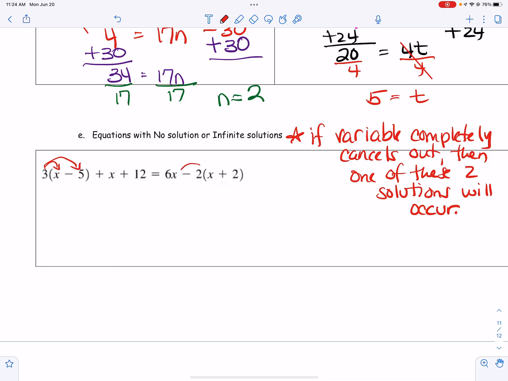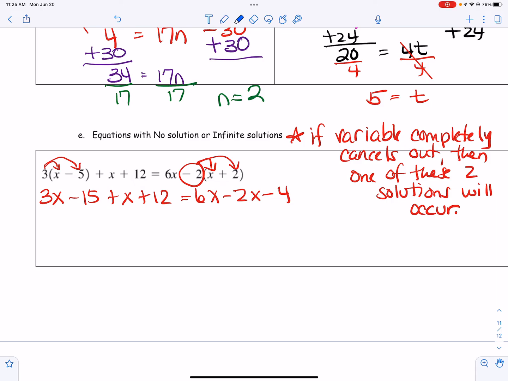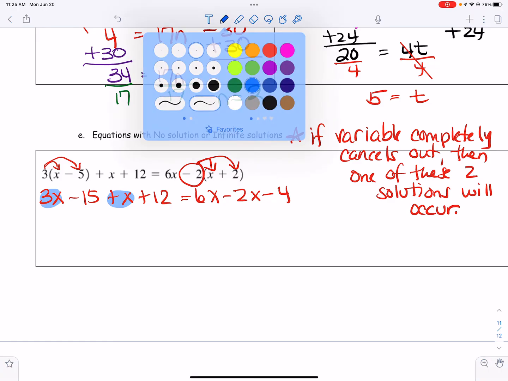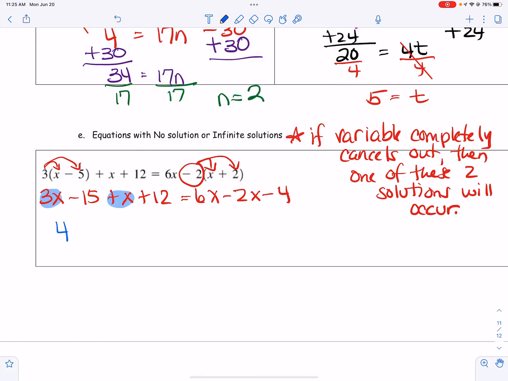And I'm going to circle this negative because that's got to go with it. So I get 3x minus 15 plus x plus 12 is equal to 6x minus 2x minus 4. Anything that's on the same side of the equal sign has to be combined. So 3x plus 1x is equal to 4x.